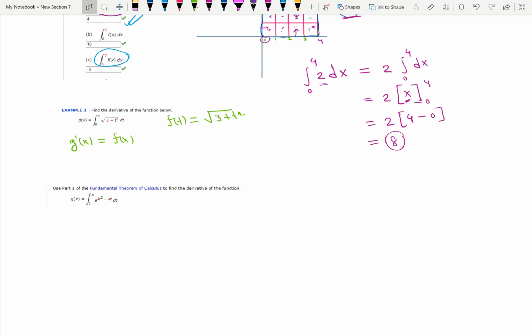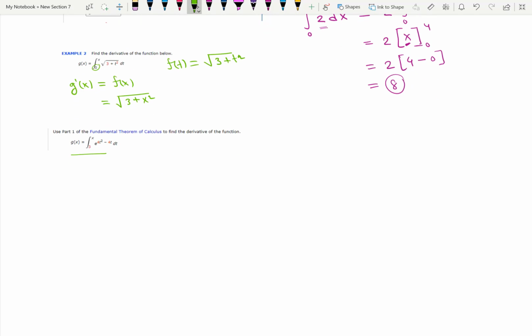So if f of t is this one, f of x would be, replacing t by x, the square root of 3 plus x squared. Again, this function should be continuous at x equals 0. When you plug in t equals 0, you get the square root of 3, so this is continuous.